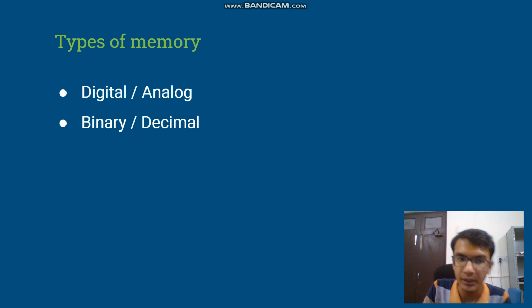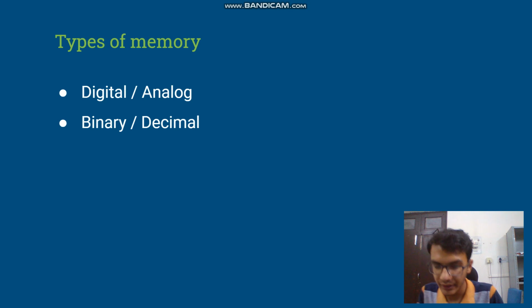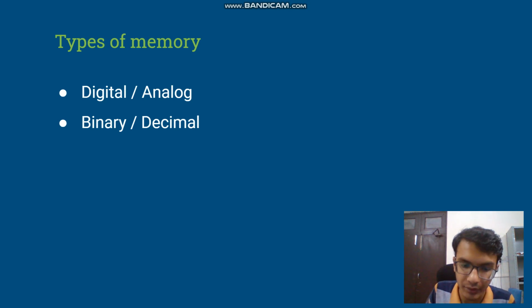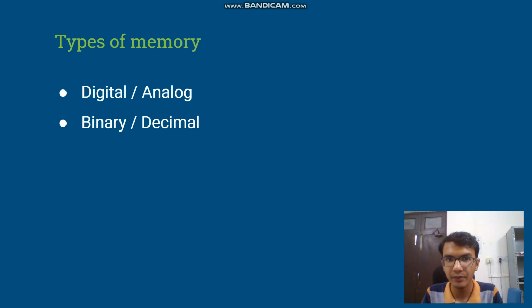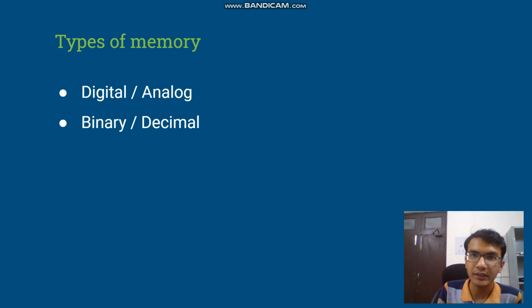So we use the binary data system. Once our data system is binary, we need to design and fabricate devices which can store binary data. In a magnetic disk, we use the magnetic spin of grains to store high or low values.